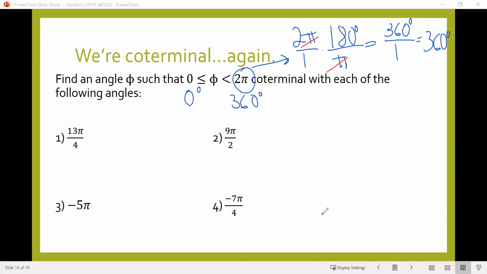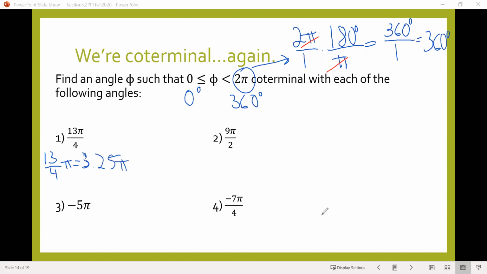Now here we have 13 over 4 pi for the first one. And one thing we can do here is we can actually rewrite this as 13 over 4 times pi. That's the same thing. And 13 over 4 gives us 3.25 pi.